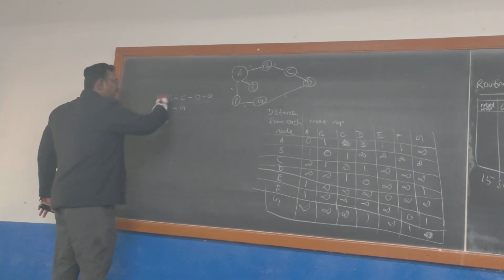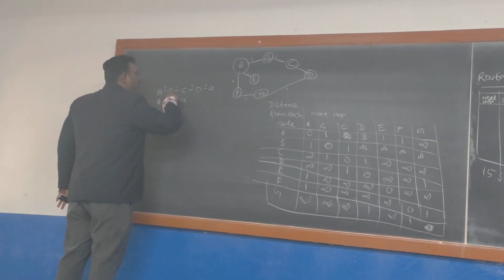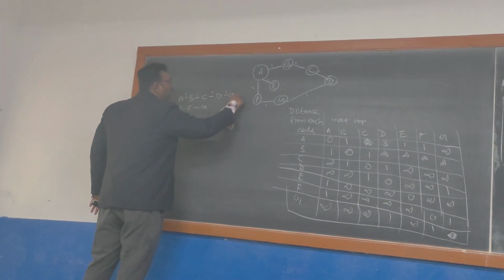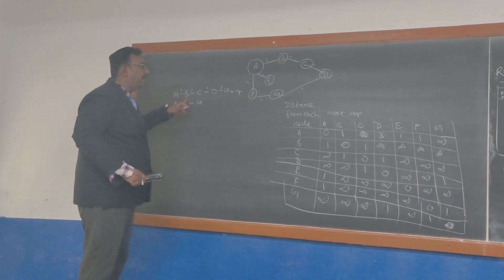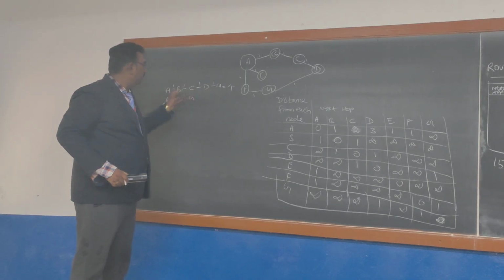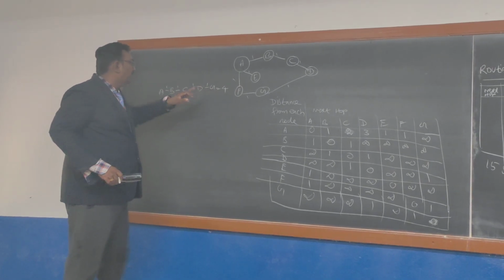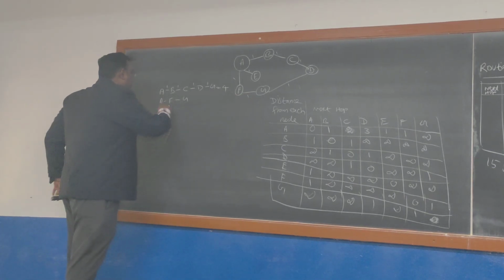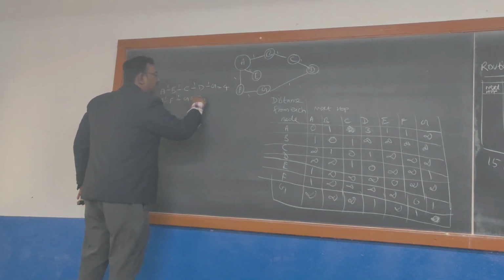Here it is 1, 1, 1, 1: 1 plus 1, 2, 2 plus 1, 3, 3 plus 1, 4. So if you take this path, the cost from A to G is going to be 4. If you take the path A to F, F to G, the cost is 1, 1. The total cost is 2.